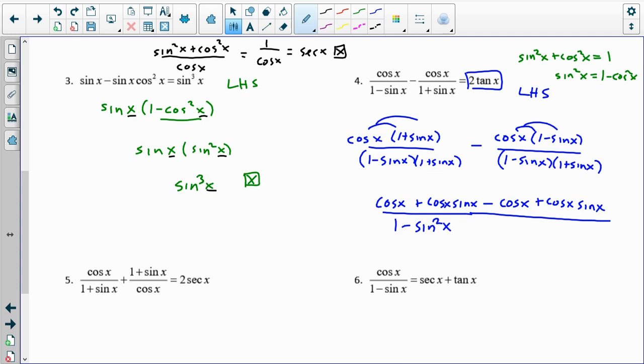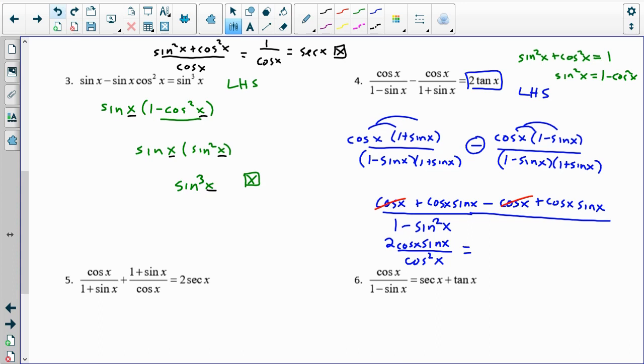And one thing to keep in mind is when I have a minus sign here and I distribute the cosine and the sine, that would be minus a negative, which ends up being plus a positive. So now I have all of this. The denominator simplifies to cosine squared using the Pythagorean identity. The numerator has the cosine x's cancel, and then I end up with 2 cosine x sine x, because 1 plus 1 equals 2.